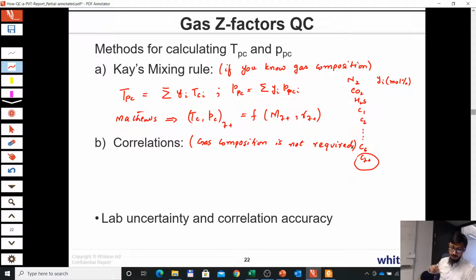There are different correlations. For example, the correlation that we generally use and found accurate is the Standing correlation.